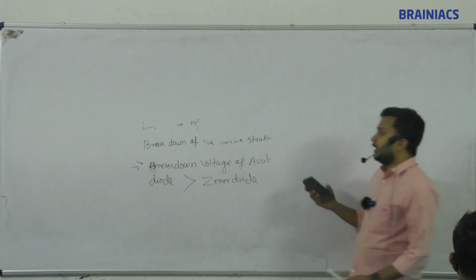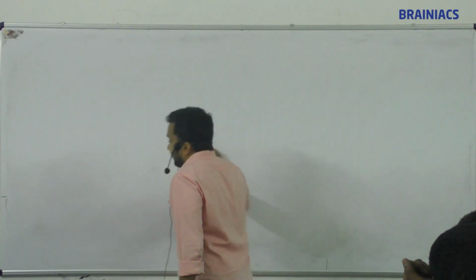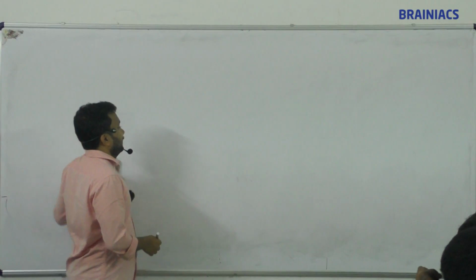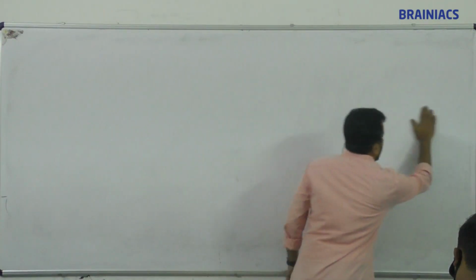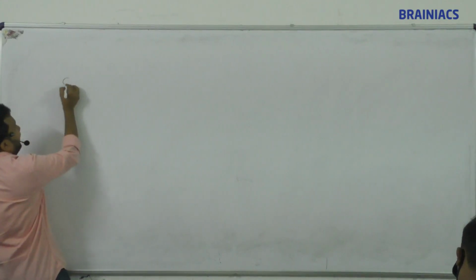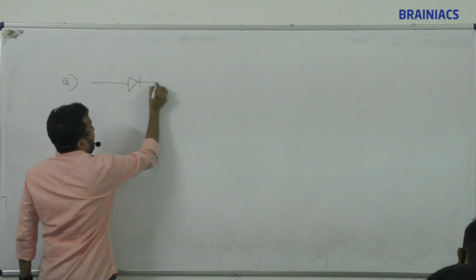So write down. Find the current flowing through the diode. So far everybody understood? Yeah? Okay. Find the current flowing through the diode. Diodes are ideal.